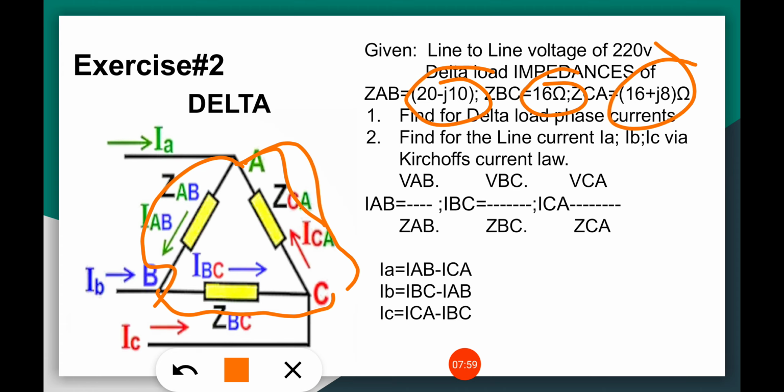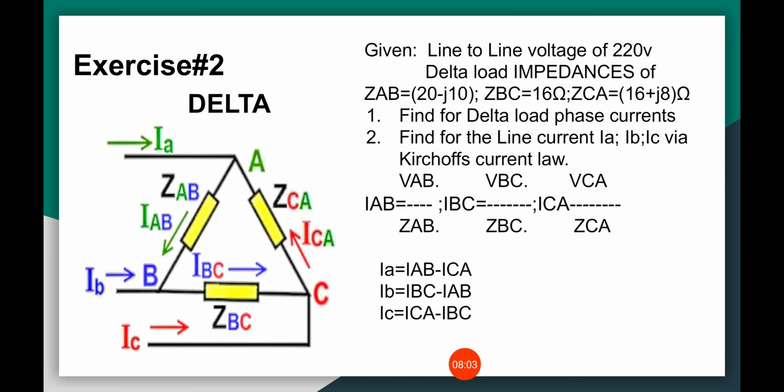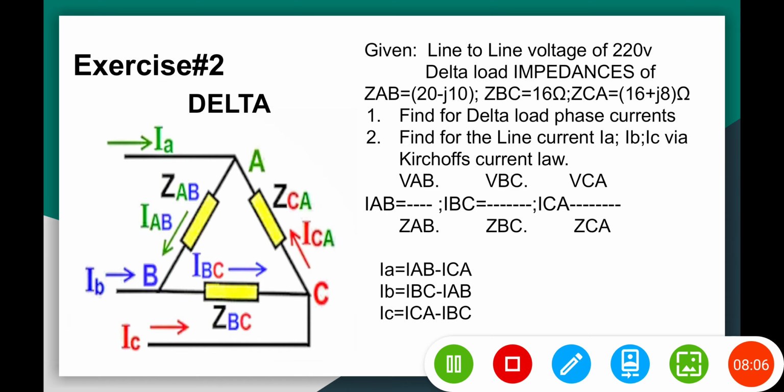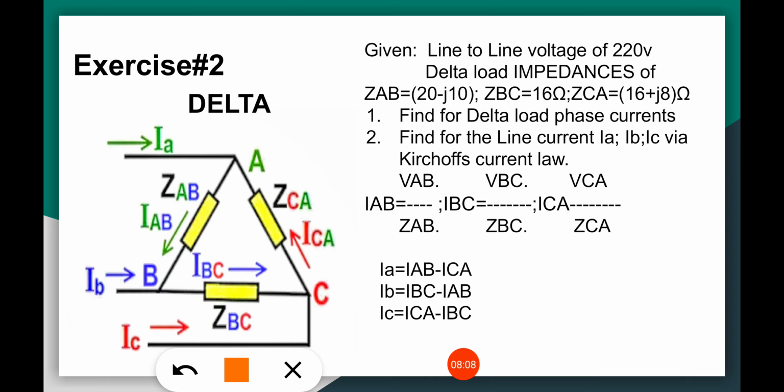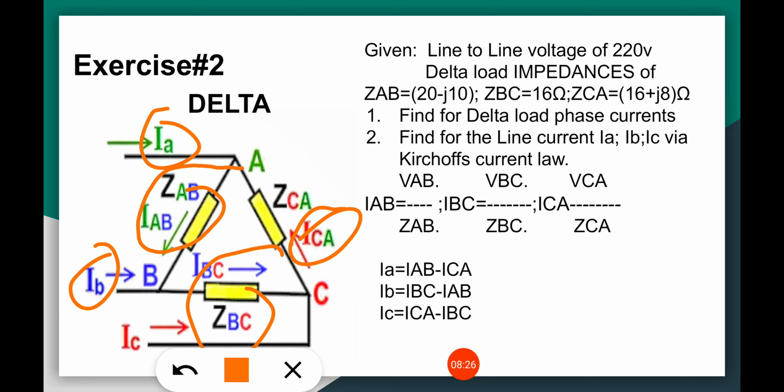We are to find the delta load phase currents IAB, IBC and ICA, and we are also asked to find the line currents IA, IB and IC via Kirchhoff's current law.